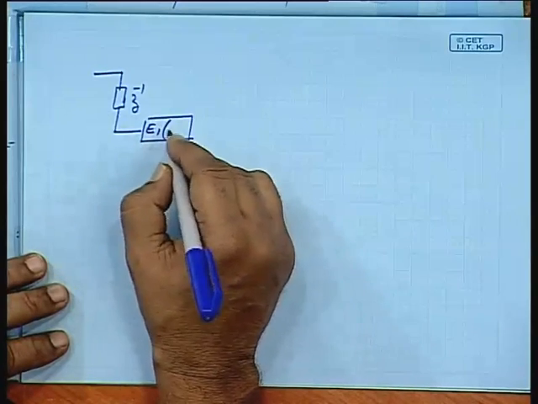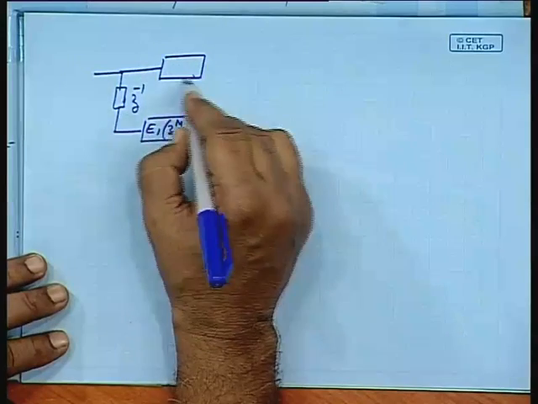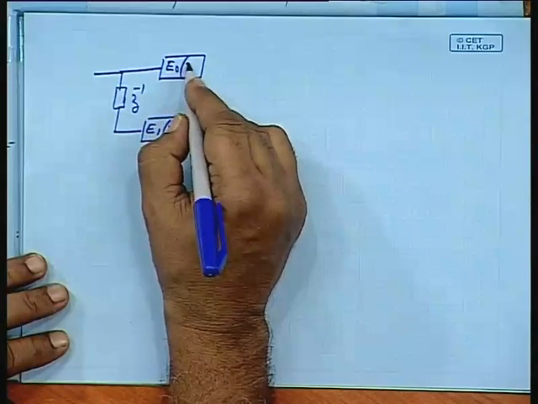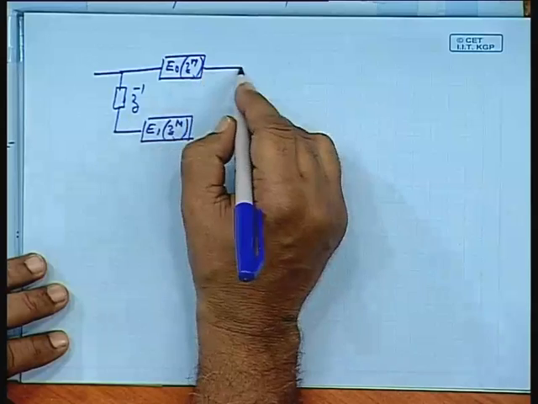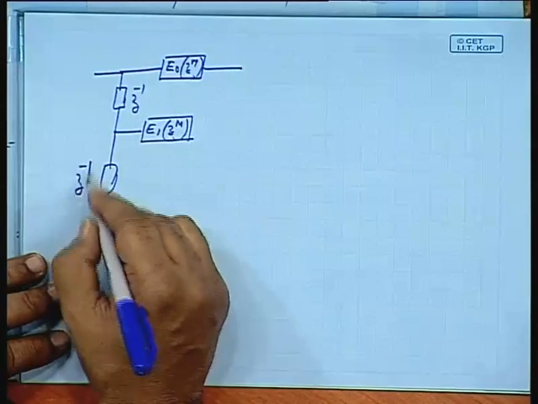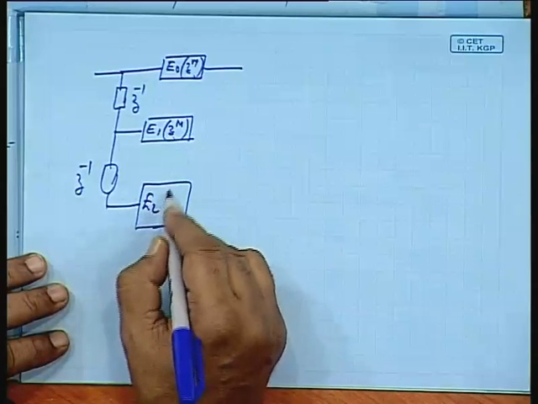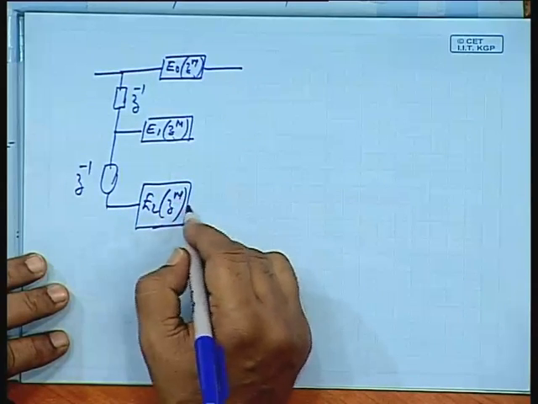E1 Z to the power m, E0 Z to the power m, again a delay element, E2 Z to the power m, and so on, is it not?